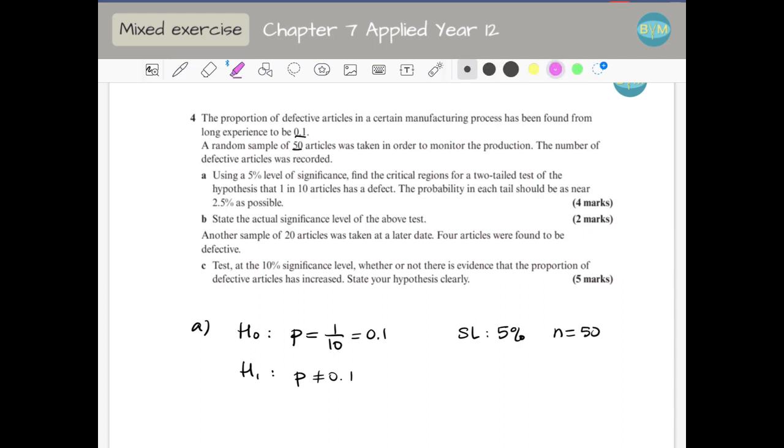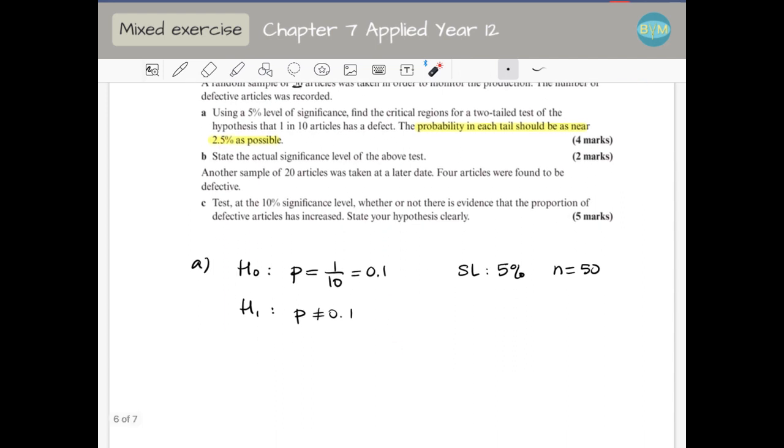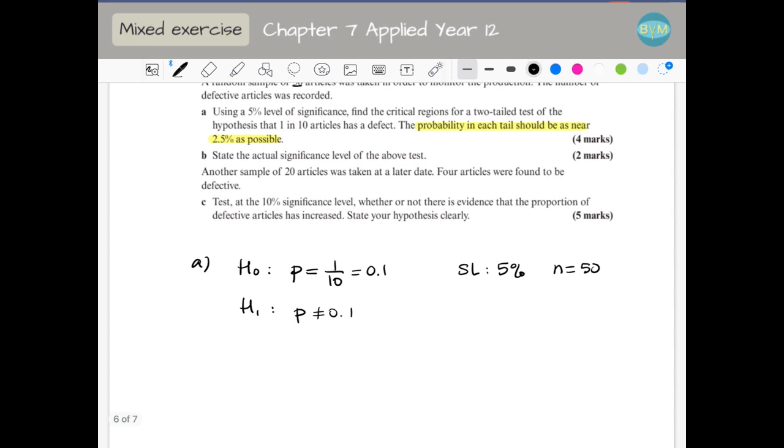But be careful, because they say the probability in each tail should be as near as possible to 2.5%. So instead of making it smaller than, we are going to make it as close as possible. That means your critical region is going to have two parts.